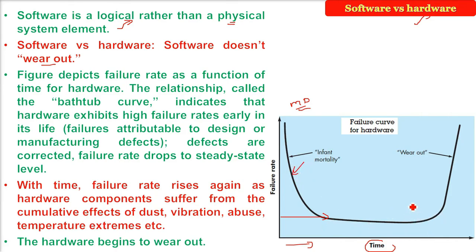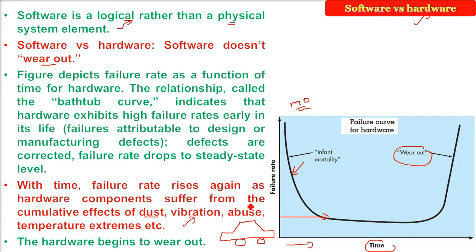Now when you use hardware for quite long, for example a car, when you buy it new, it will be okay for 2-3 years, no problem with that. If any problem is there, you will find it on the first day. But after that, you have environmental effects: dust, vibration. Even if you are not using it properly, there may be temperature extremes, say in the Sahara Desert or Alaska.